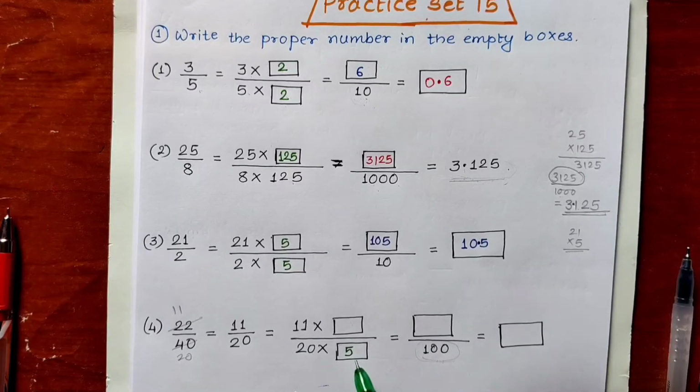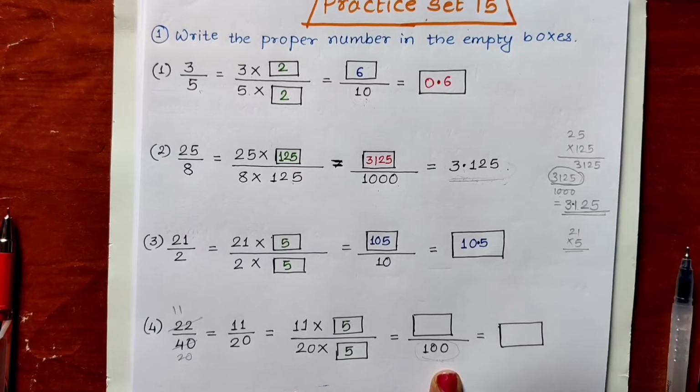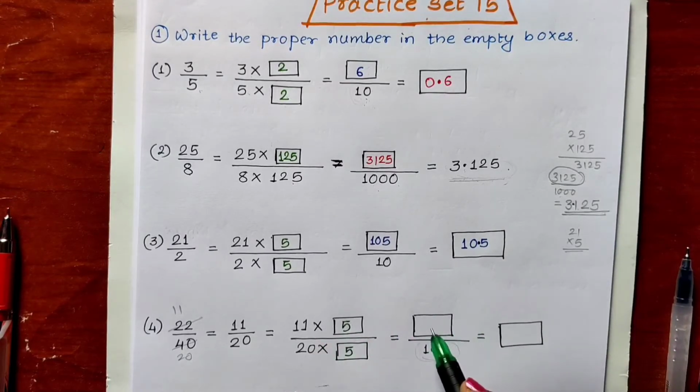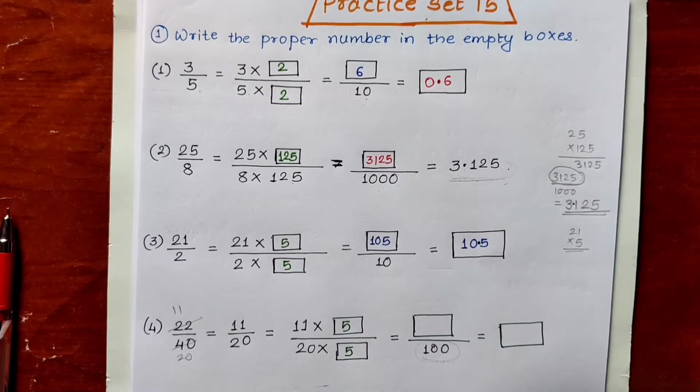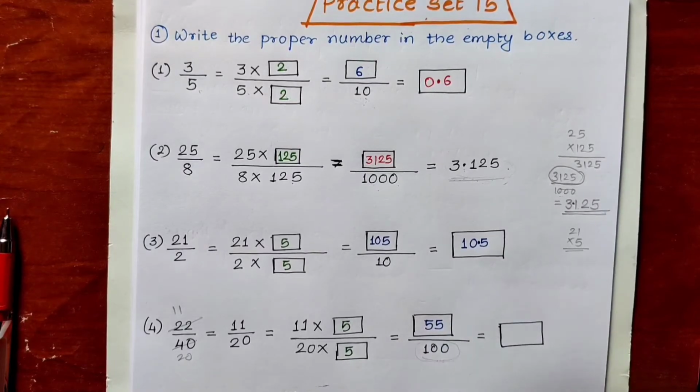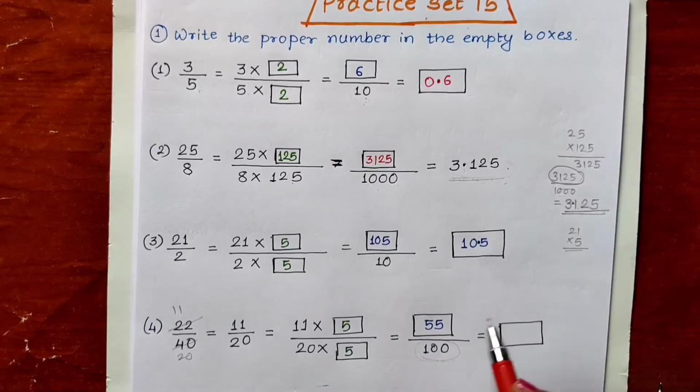So 20 multiplied by 5. The denominator is multiplied by 5. That means we have to multiply the numerator also by 5. Now 20 5s are 100. The answer is given. So we have to write the answer of this multiplication in the numerator. 11 5s are 55. Correct? 11 5s are 55.